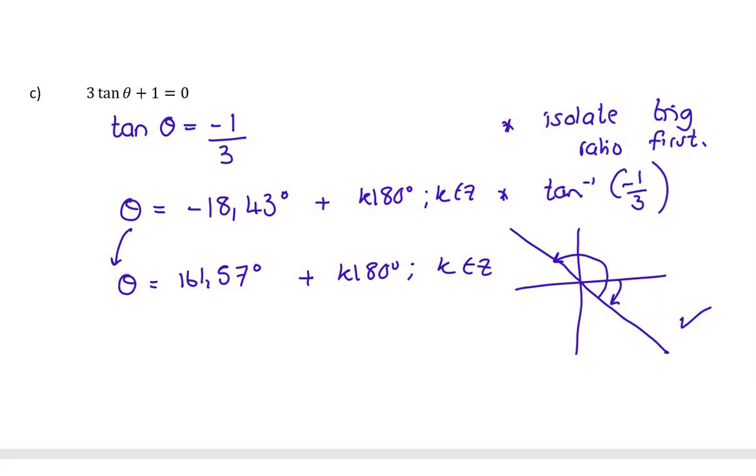There are many ways to write exactly the same answer. These angles are connected. If I take negative 18,43 and I add 180, you get 161,57. So if you don't get an answer that the memo gets, just check. If you add the 180 or you minus the 180, do you get to that angle? In which case it's actually just a different way to express the same thing.